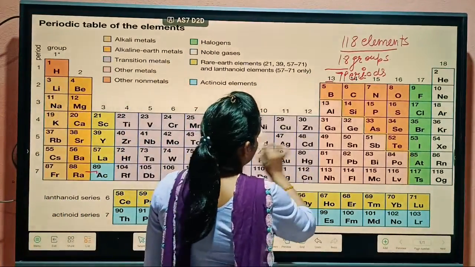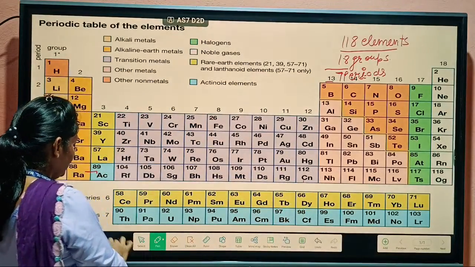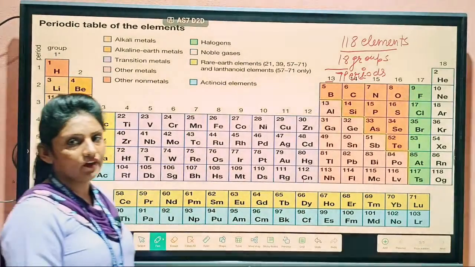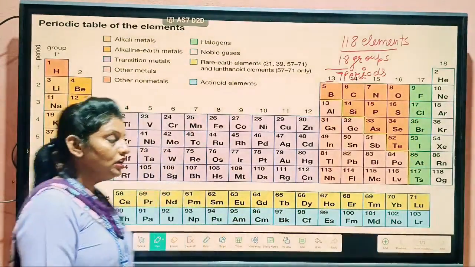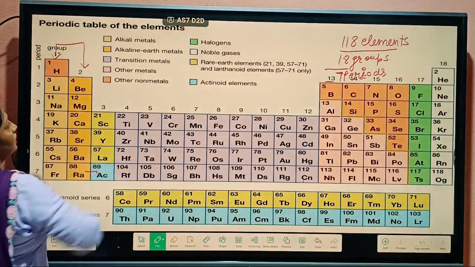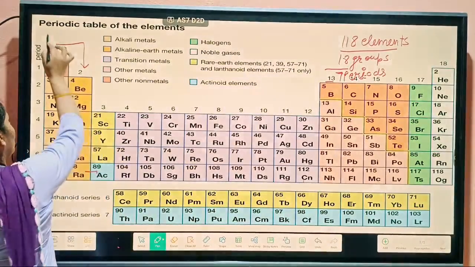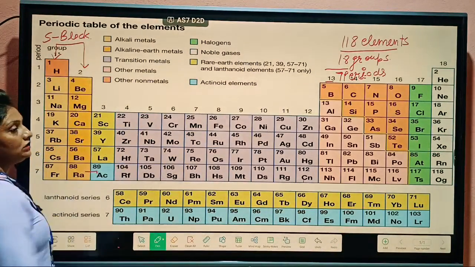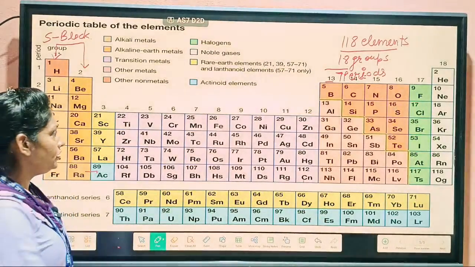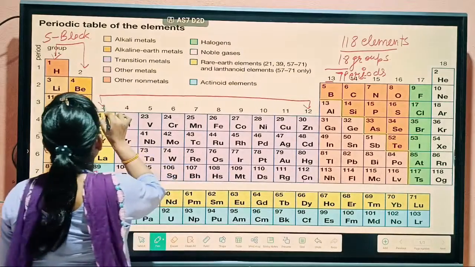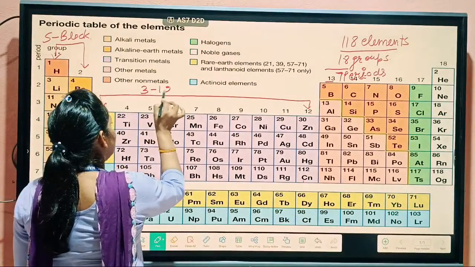Then students, the modern periodic table is divided into 4 blocks. Group number 1 and 2 elements are known as the S block elements. Here, group number 3 to 12 is known as the D block.